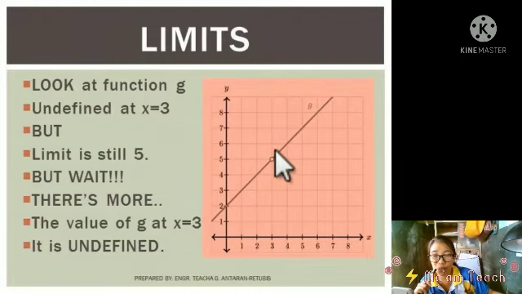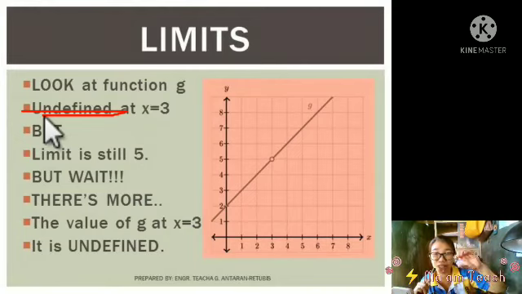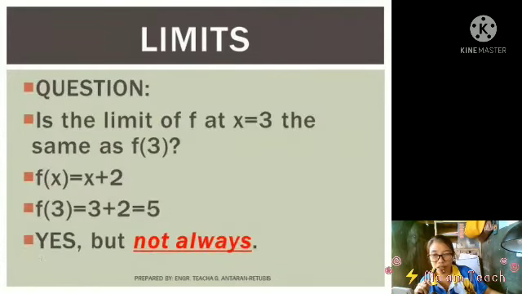Which means, class, that the value at x equals 3 is undefined. Can you follow? Undefined. It's because it is not included, so we don't know the value at that point. So that is the case where you can substitute, but not always.